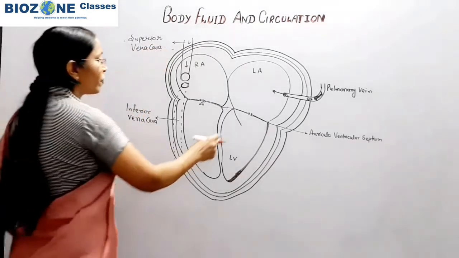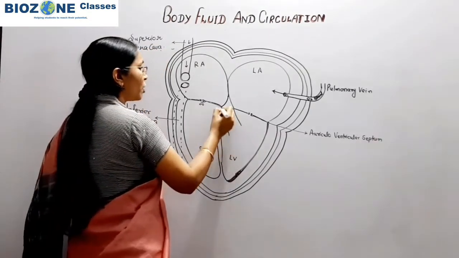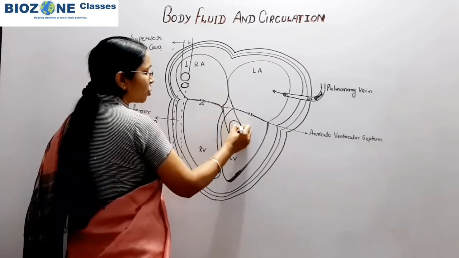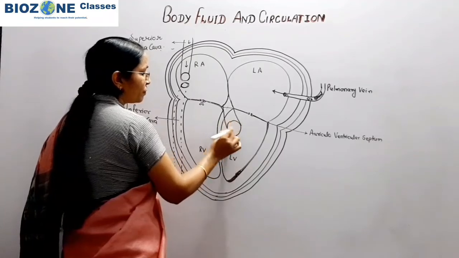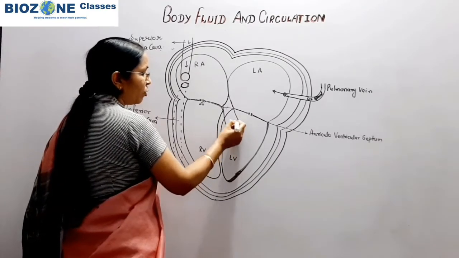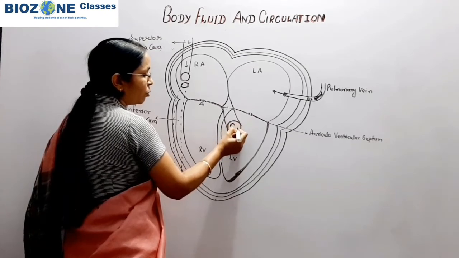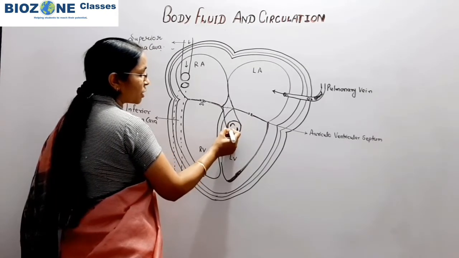Clear? From the left ventricle, you remember, the aorta is developed, and this aorta shows the presence of a semilunar valve. So three flap-like, moon-shaped structures are present.